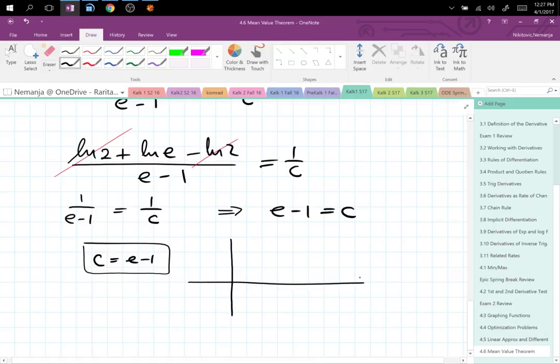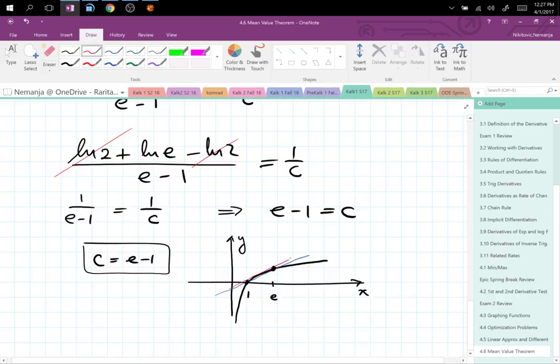But here's my ln x. So let's say this is 1. There has to be, right? It's the x-intercept. And let's say this is e. As you can see, I can't really draw well because these curves are not curved enough.